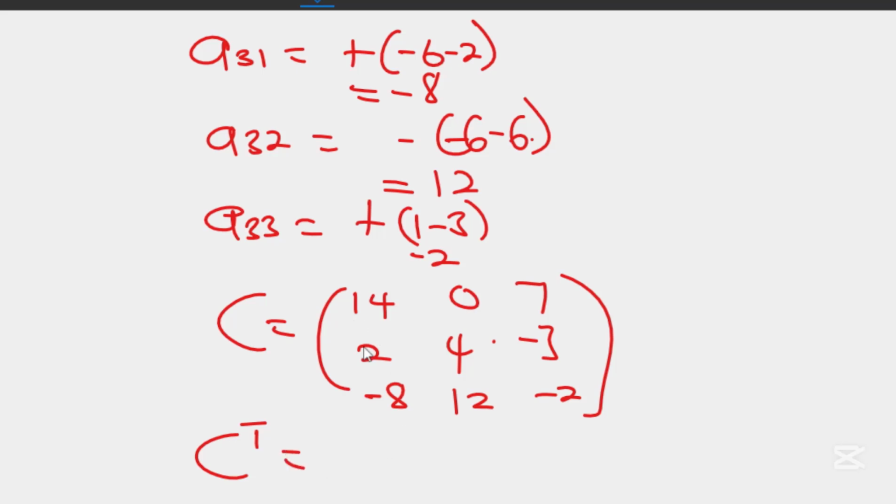As we know already, all these column entries become our rows, in that order. So here with the first one, we have 14, followed by 2, followed by negative 8. Then we have 0, 4, 12. And then the last one is 7, negative 3, negative 2.